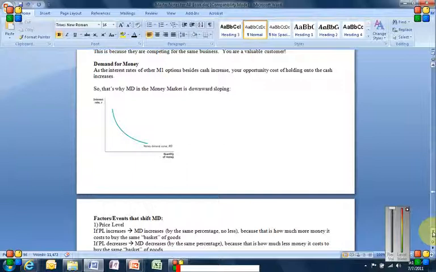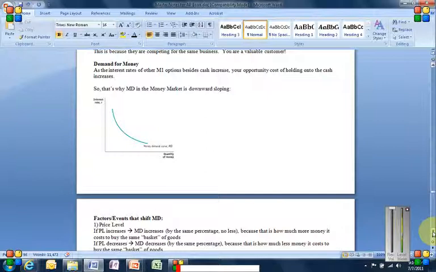But when you're thinking about the demand for money, and we're talking about short term in the money market, as the interest rates of other M1 options besides cash increase, your opportunity cost of holding on to the cash increases. And think about this chart that we just went over. You could not hold on to your cash, and you could lock it up in a CD.